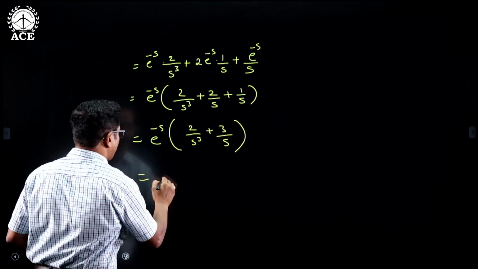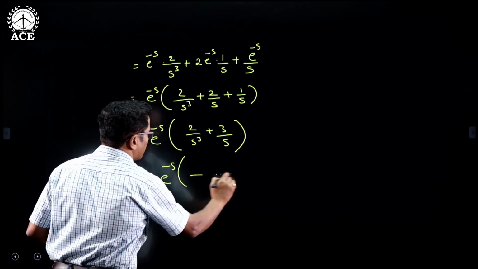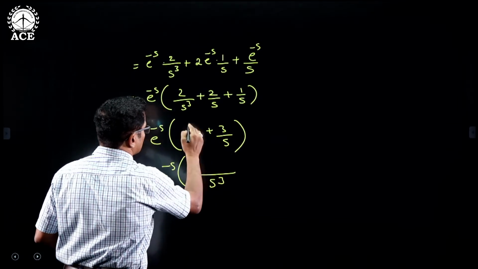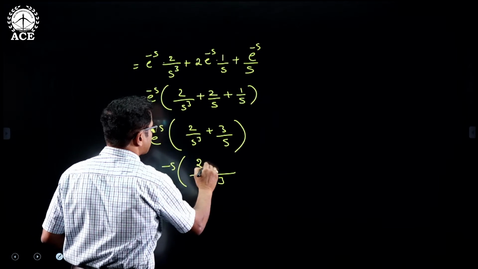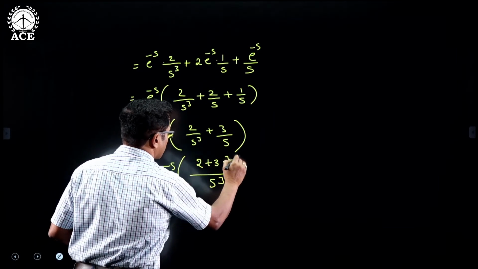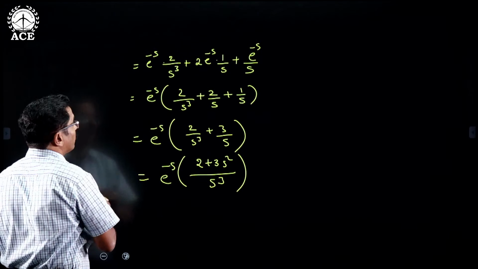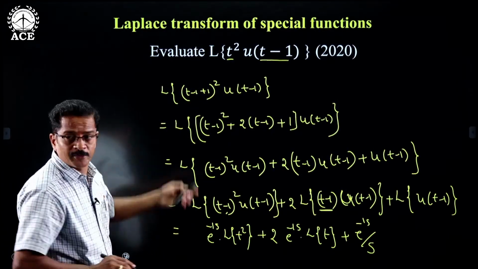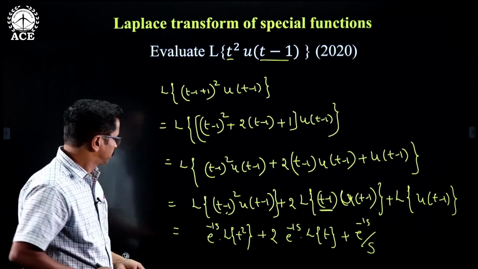We can simplify by taking s cube as LCM. So it becomes 2 plus 3s square, is the Laplace transform of t square into u of t minus 1.